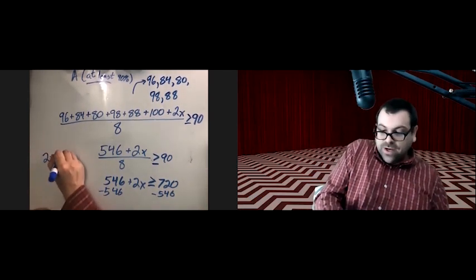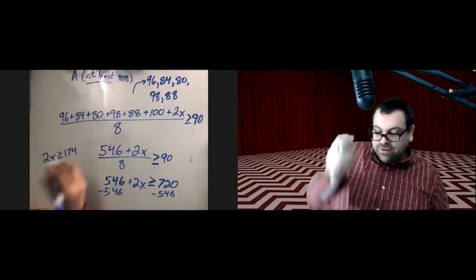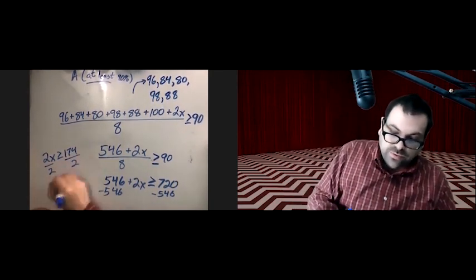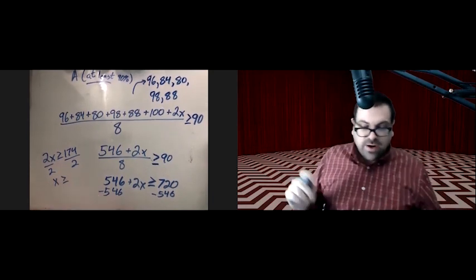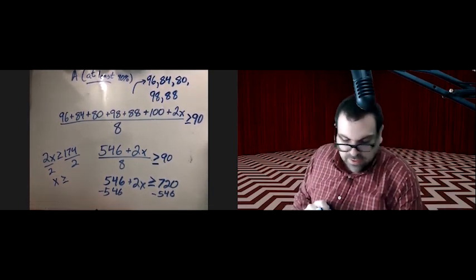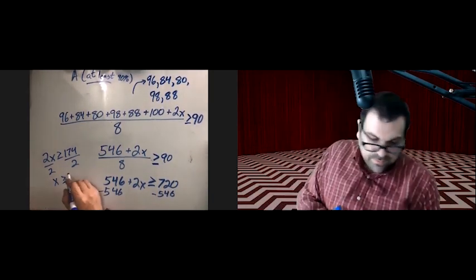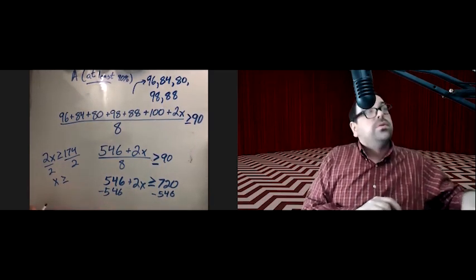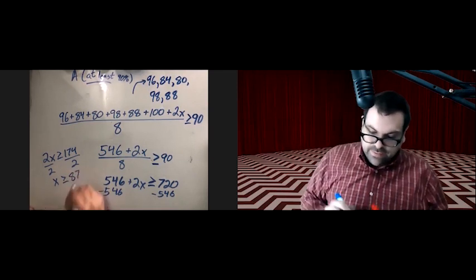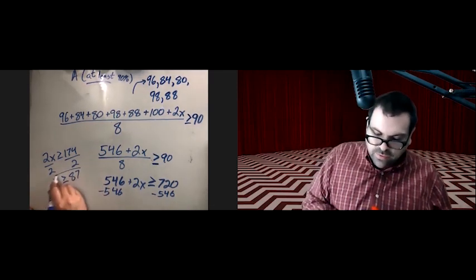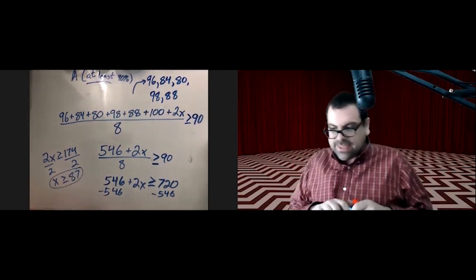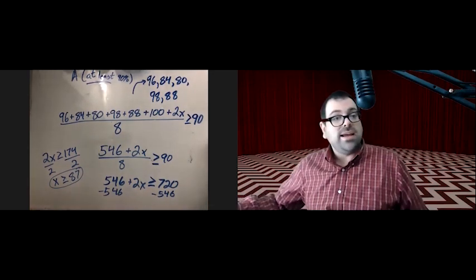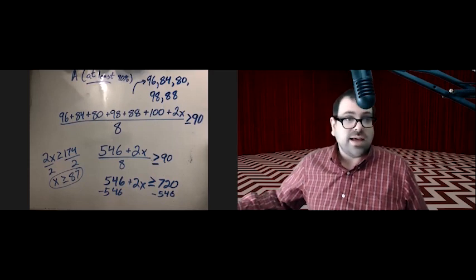So 2x greater than or equal to 174. Divide both sides by 2. x, the grade on the final, would have to be greater than or equal to 174 divided by 2, 87. So you would need a grade greater than or equal to 87 on the final in this situation to get an A in that class. Not this class.